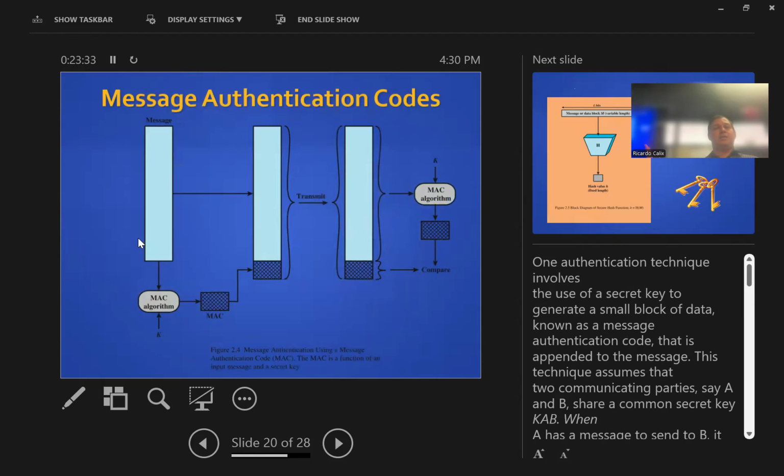Here's a nice little graphic example. I think it's pretty interesting. You have a message, and you have a MAC algorithm, the hashing algorithm, such as hash XOR, that produces the hash value. You send the plain text and the hash value together. You did that in one of the assignments. On the other end, this is received.